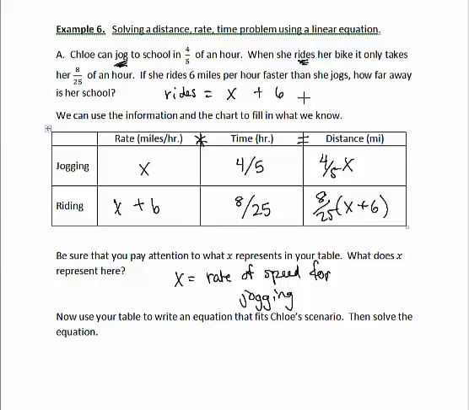So if you assume naturally that she wakes up at the same house every day and goes to the same school, then she's going to take the same path. In other words, she's going to travel the same distance in each case. So distance jogging equals the distance of riding.